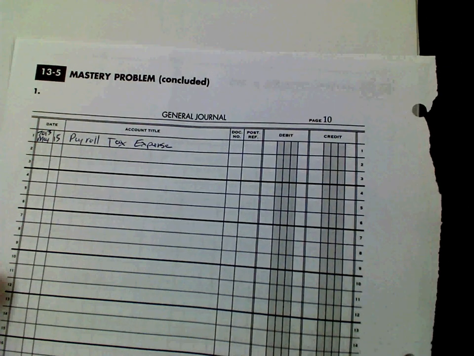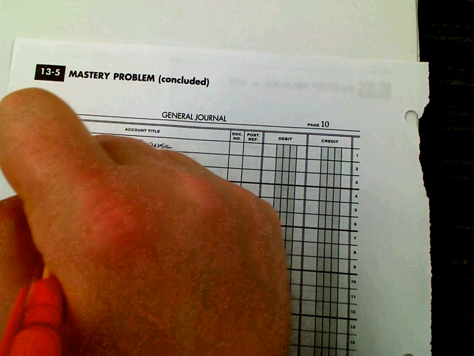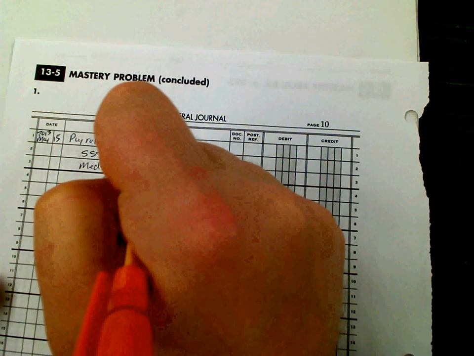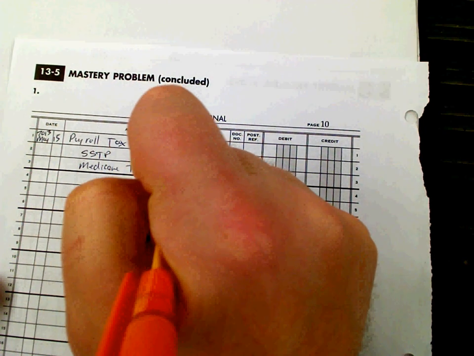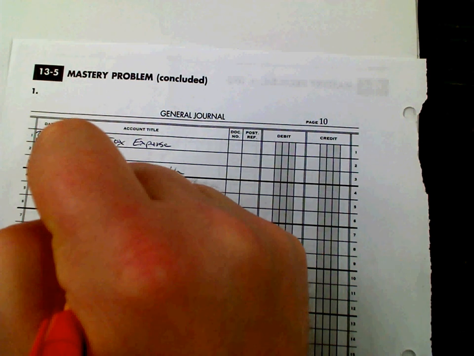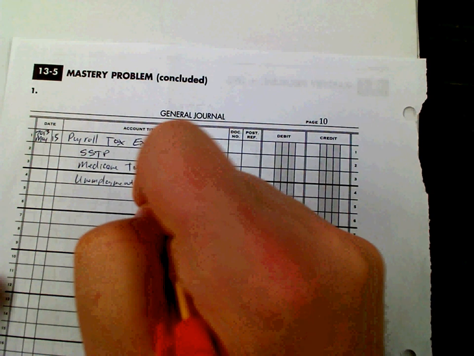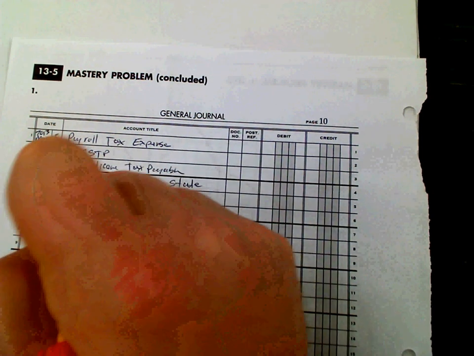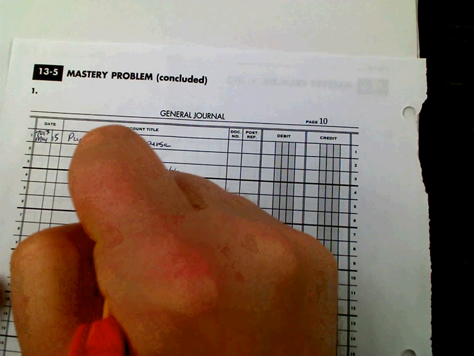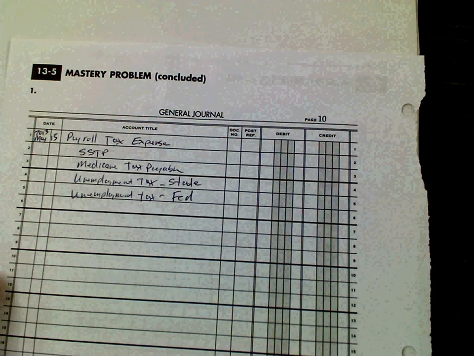And then you're going to have credited Social Security tax payable, Medicare tax payable, unemployment tax state, unemployment tax federal.